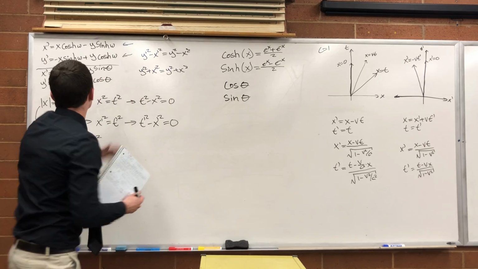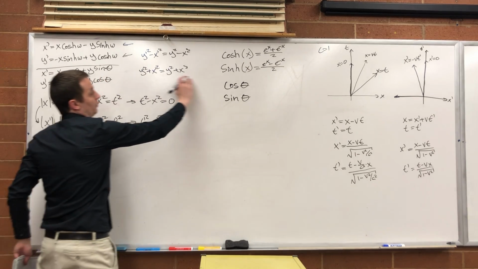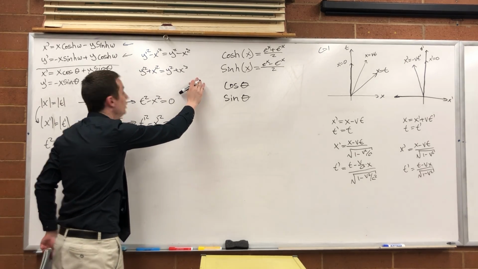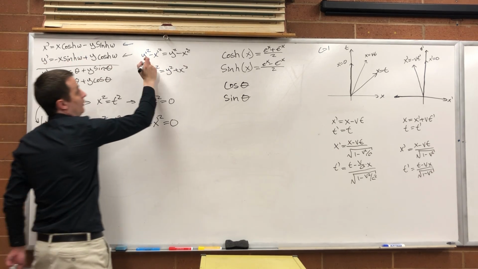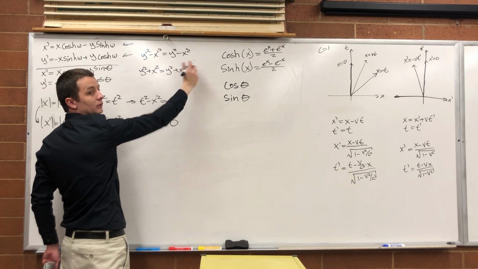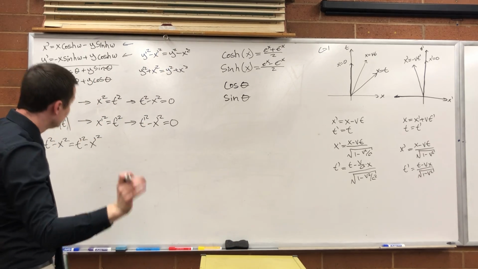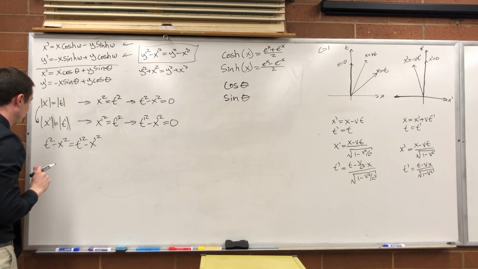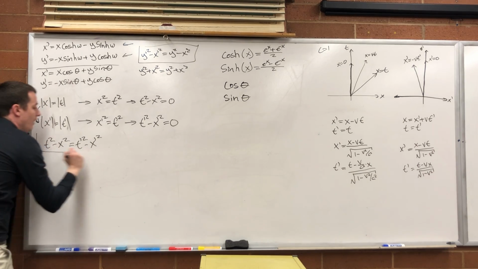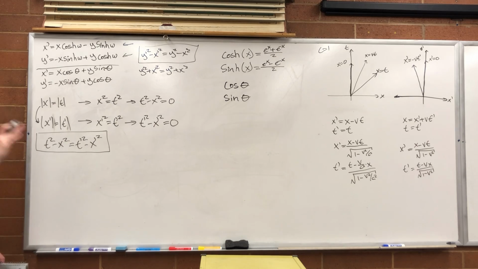We showed that no matter what theta is, this is always the case. You can always plug in up here to show that no matter what omega is, this is always the case. And so we observed that fact for hyperbolic trig functions, and we want this fact for photons.